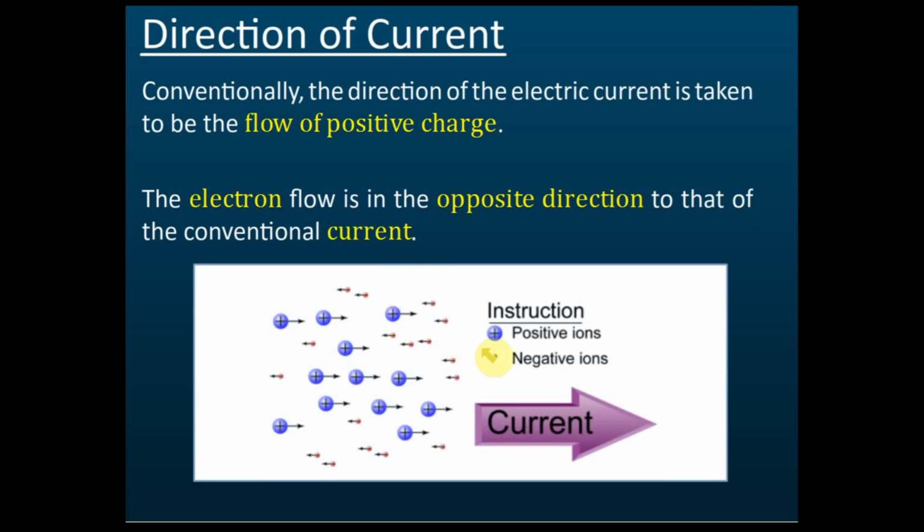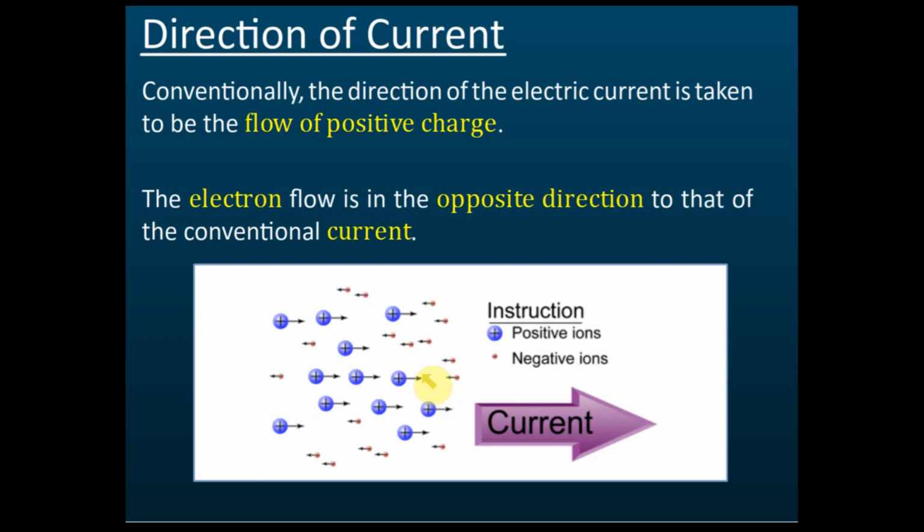let's say there are two types of ions, positive ions and negative ions. The big one, the blue one, is the positive ion, and the small one is the negative ion. These ions are put into an electric field.